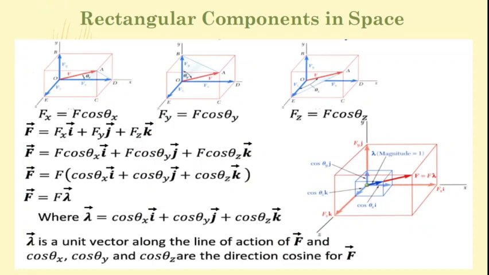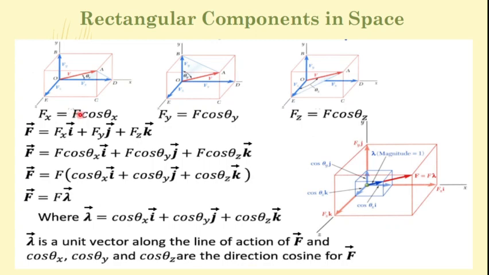Now you see here one force. A Cartesian coordinate system is shown here, and a force F acts from O to point A. If this force makes an angle theta x with the x direction, then the component of this F in x direction, that is Fx, is equal to F cos theta x, where F is the magnitude of the total force.